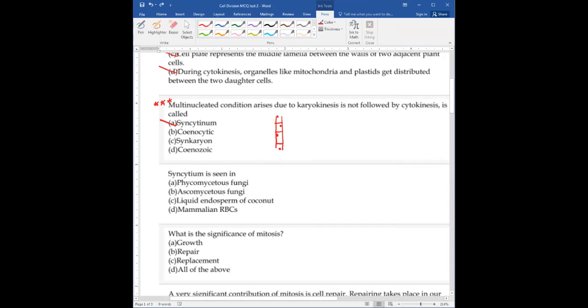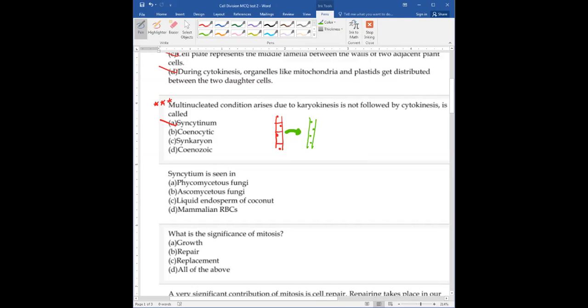Now what are you going to see, guys? This is going to change into this, where these walls dissolve, and you are going to see that this is multinucleated without any walls. This is nothing but your syncytium, and such a cell is called a syncytial cell.